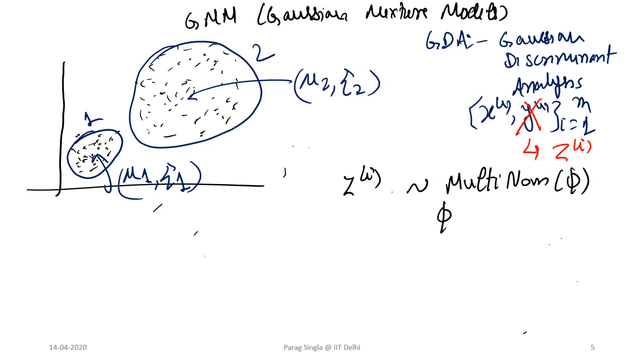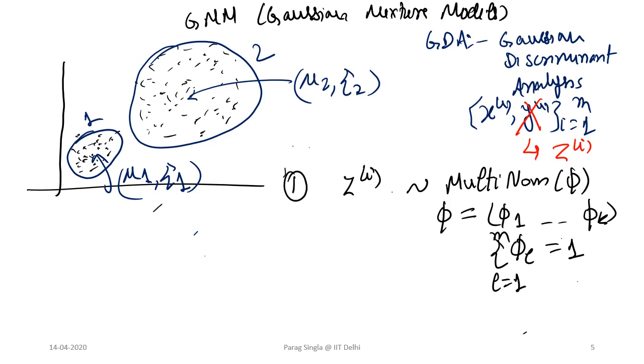Recall that this was an exam question in the minor, where we had more than one class. So this phi in the general case is a vector of phi 1 to phi k, where the sum of phi l over l equal to 1 to k is 1. Again, please refer back to the notes, and also the minor question if you are not sure. So this is part one.